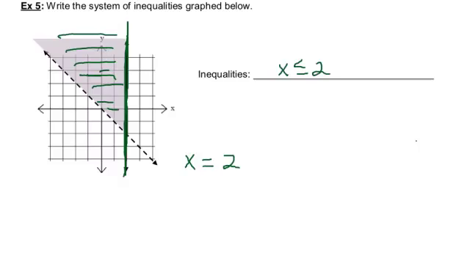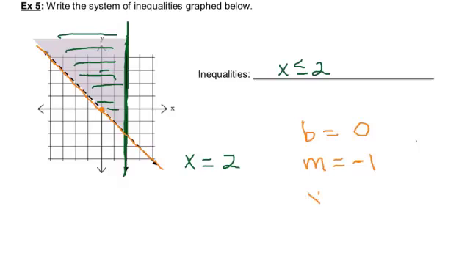Then we need to look at our second line here. Notice it is a dashed line. So this time it's either going to be less than or greater than, not or equal to, because it's dashed. And we need to find the equation for this line. We first need to find our y-intercept. Notice that the line crosses the y-axis at 0, and our slope is down 1 over 1, so that would be a negative 1.